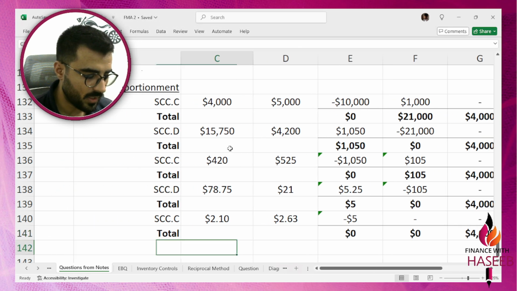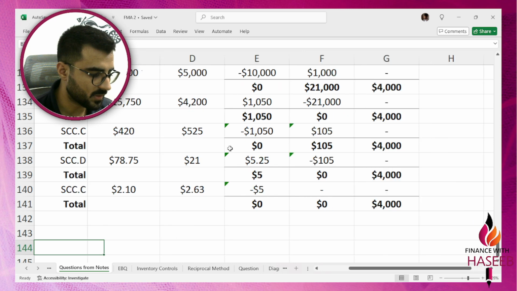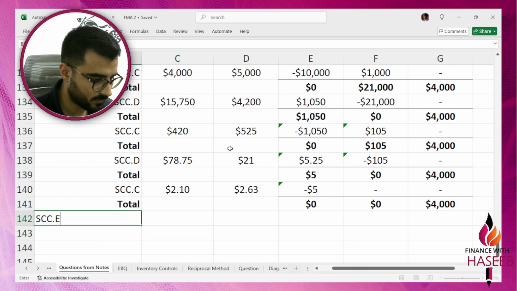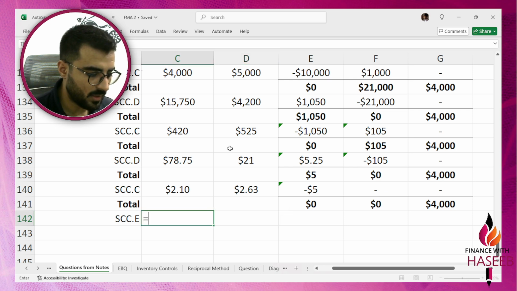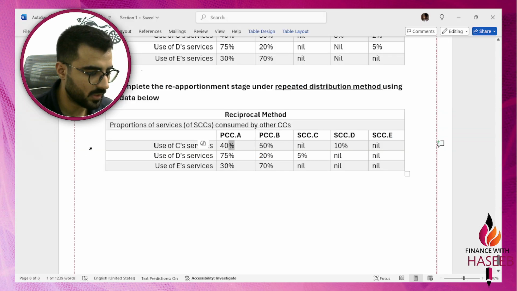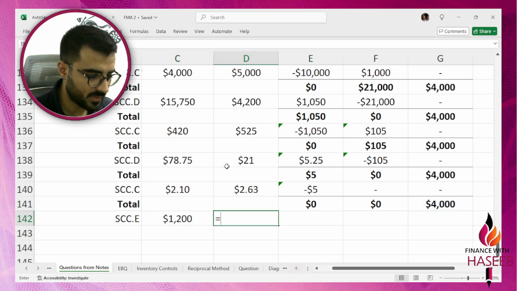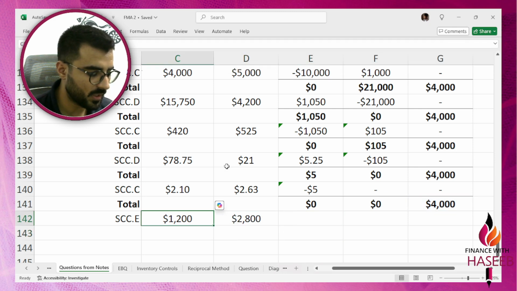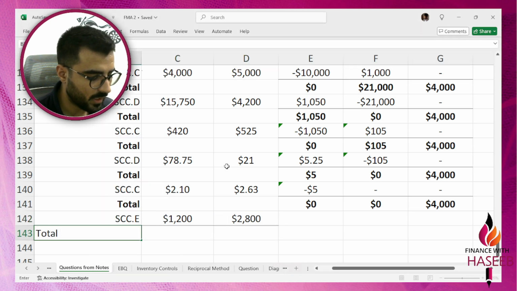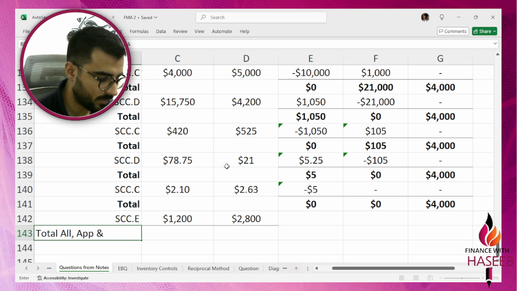Okay, so now we will move finally towards the service cost center D. So 4,000 worth of overhead we have to share out between production cost centers, 30% to A and 70% to production cost center B. Okay, so now finally we are calculating total allocated, apportioned and re-apportioned overhead.